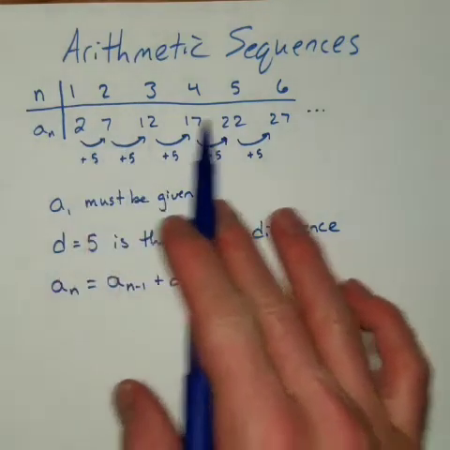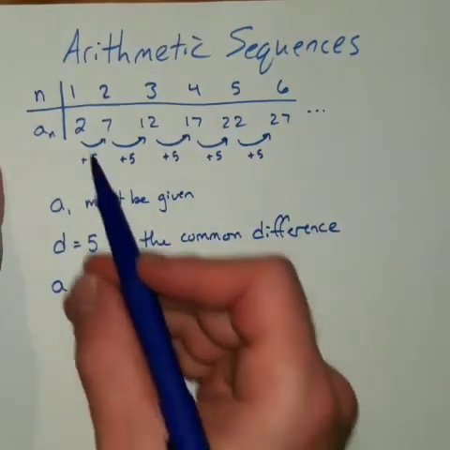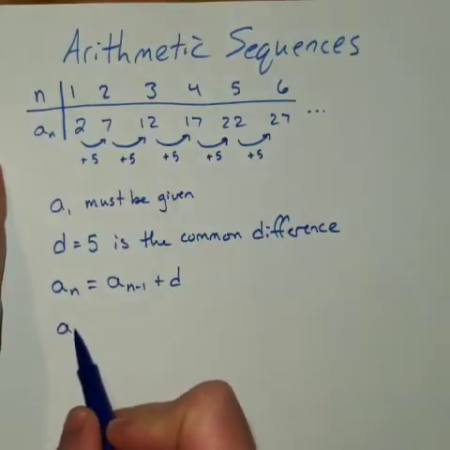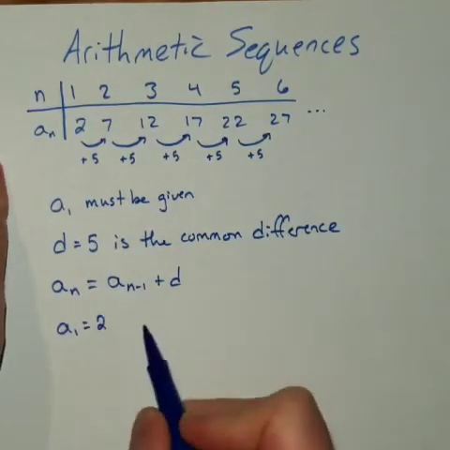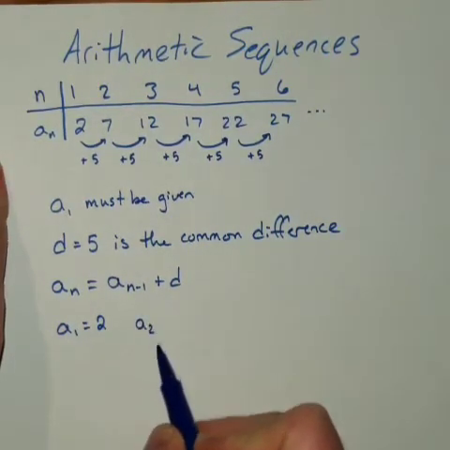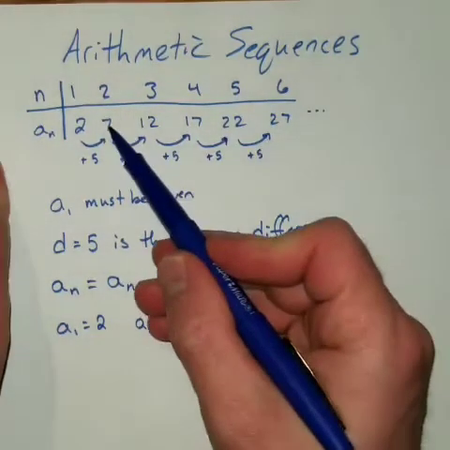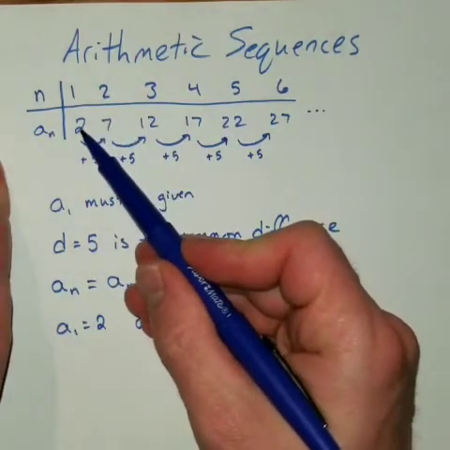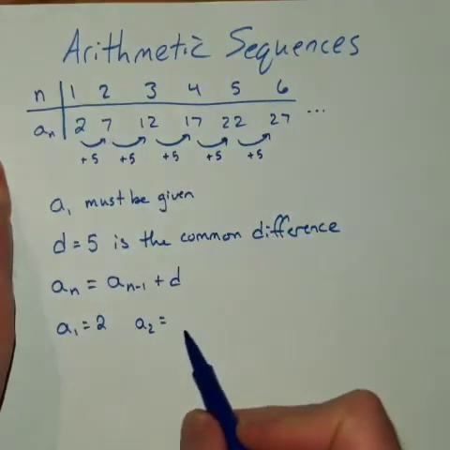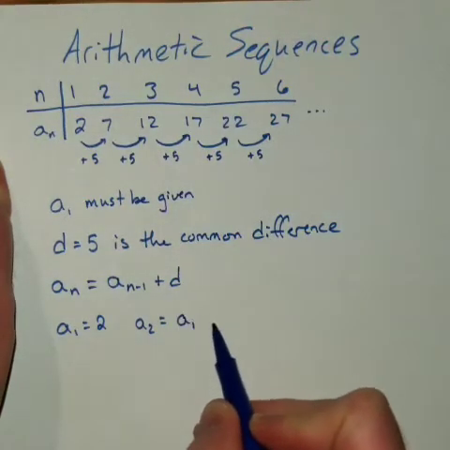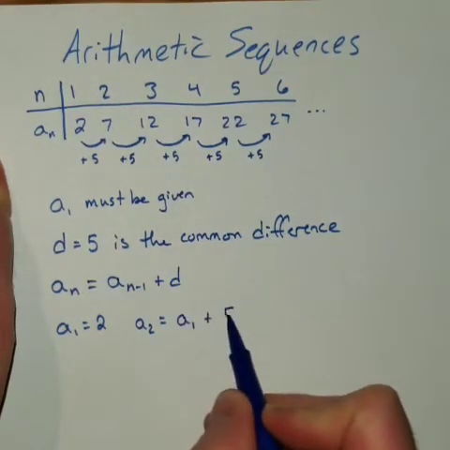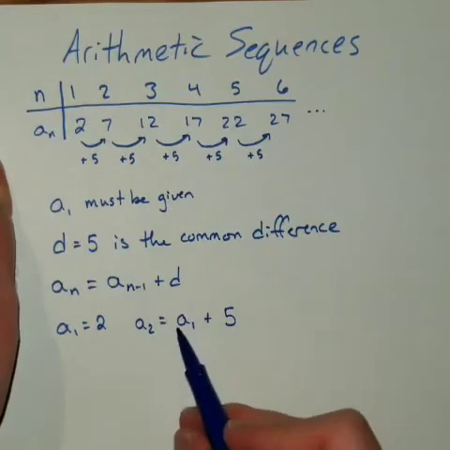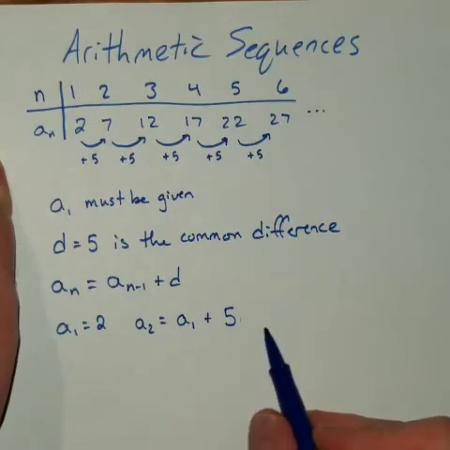And you can see that from our chart up here. If you think about it, a sub 1 was the number 2. A sub 2, which was the 7, was simply the previous one plus the d. So it was a sub 1 plus our common difference of 5. Right? It's our 2 plus 5, gave us 7.